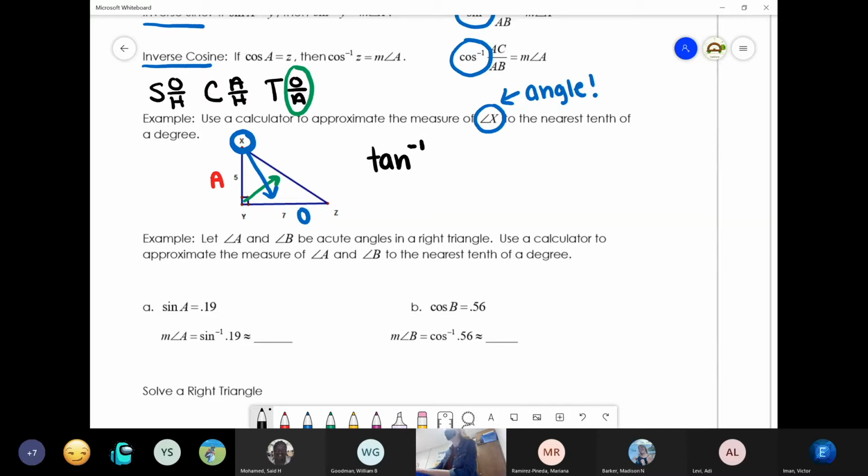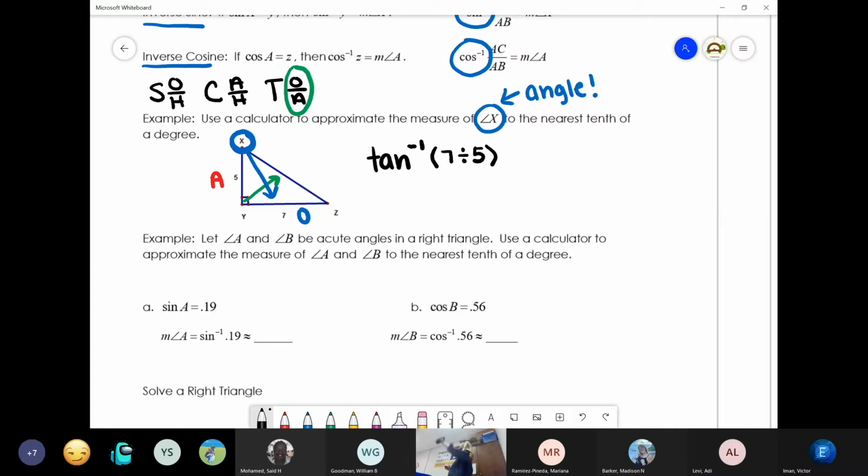So we have inverse tangent right there. We want to find the measure of angle X. Inverse tangent is opposite over adjacent, so I'm going to do inverse tangent of 7 divided by 5. The reason it's 7 divided by 5 is, remember, TOA, it's O over A. O is 7, A is 5.